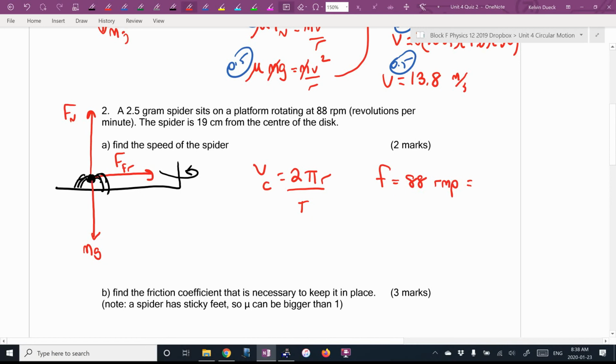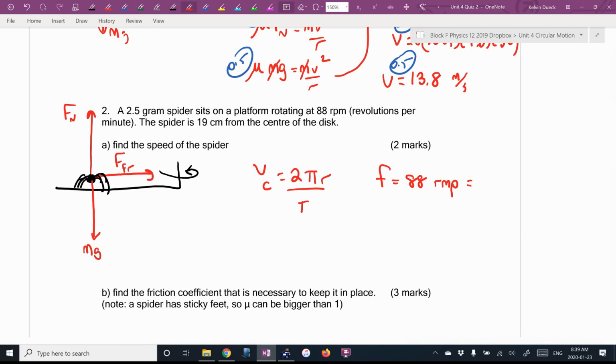It's going to be something to do with 60, because there's 60 seconds in 1 minute. Believe it or not, this is how I figure it out, because I can't remember whether I divide or multiply. I pick a nice number, 60 RPM, which means 60 times per minute. If it goes around 60 times in 60 seconds, what's its frequency? 1.